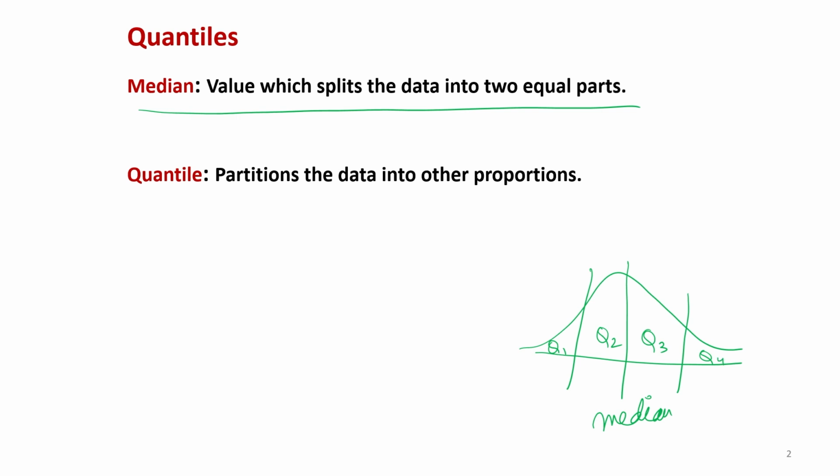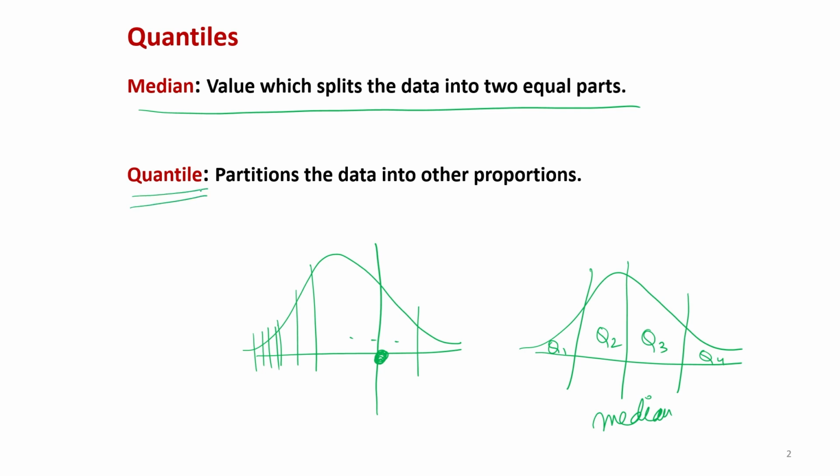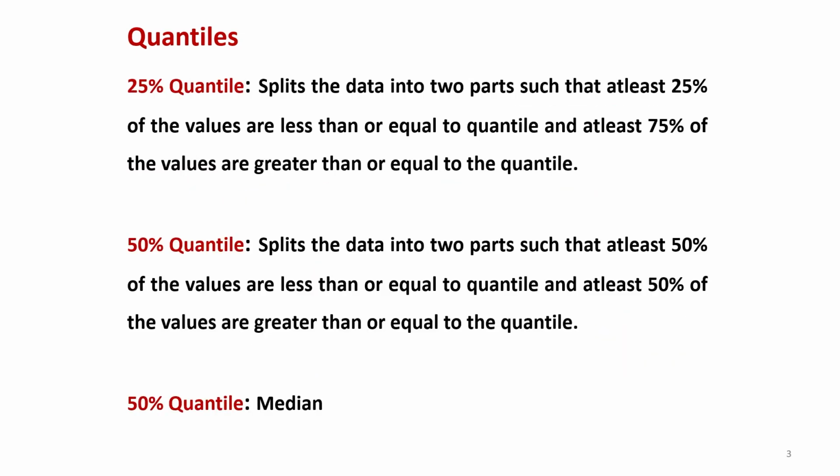And similarly, if you want, we can partition it into more segments, like I can partition it into 10 segments, or even into 100 segments, or depending on the need of the data, I can find any value on the x-axis which is going to partition the data into the required proportions. So these types of quantities in general are called quantiles. So quantiles partition the data into different proportions. And this is what we are going to now understand.